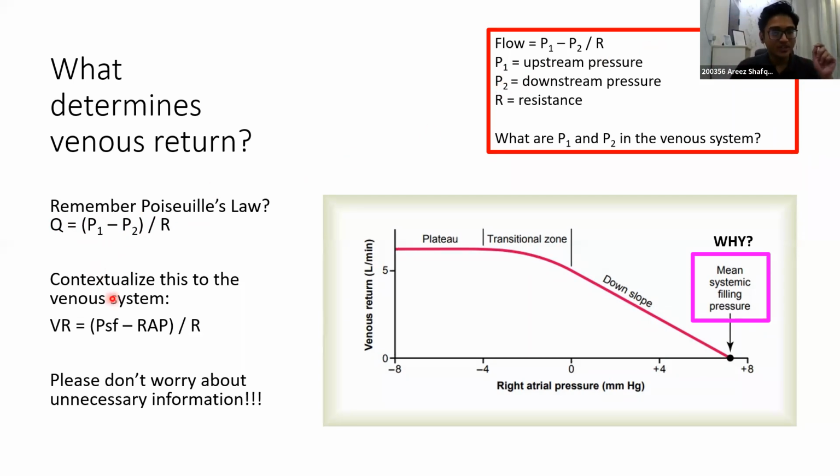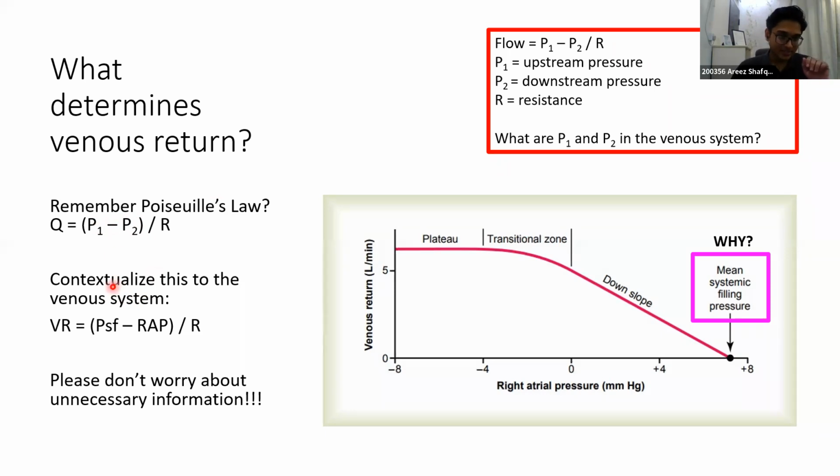In the venous system, what is downstream pressure? Where is the blood going in from the venous system? It's going into the right atrium. That means that the downstream pressure, P2, is right atrial pressure, okay? What is P1? P1 is something we call mean systemic filling pressure.